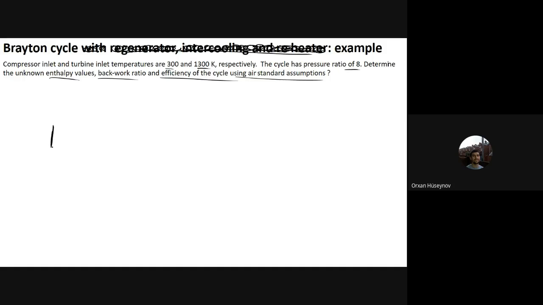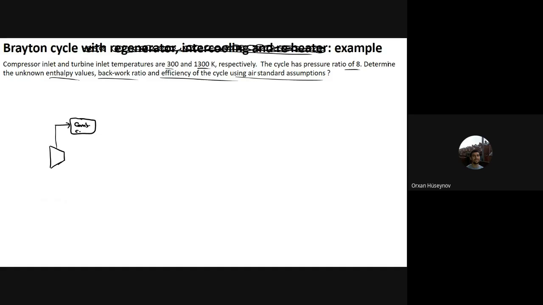So this one has a compressor here. I'll draw it one more time. So you have that compressor, and then from this compressor, you have the combustion chamber, which is also a heat exchanger.